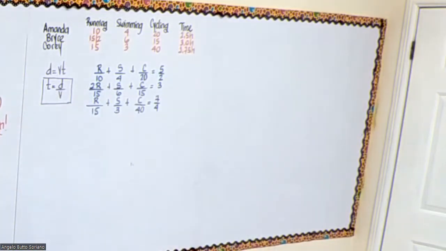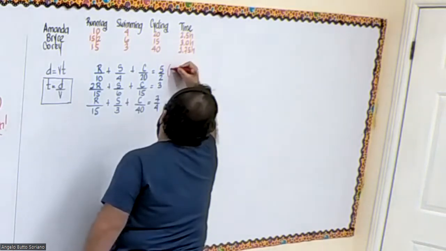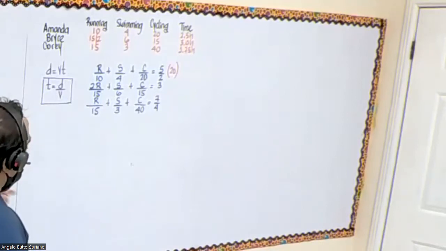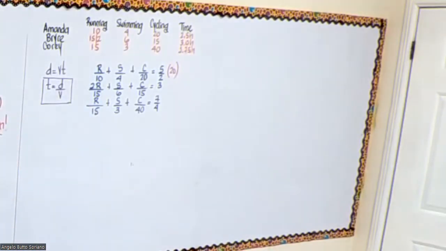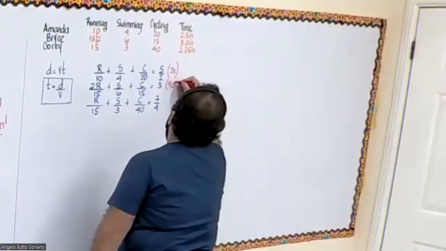In the first equation, before solving, we can multiply the entire equation by 20 and destroy the fraction, because 20 is the least common denominator. In the second one, we multiply by 15 times 6, which is 90.